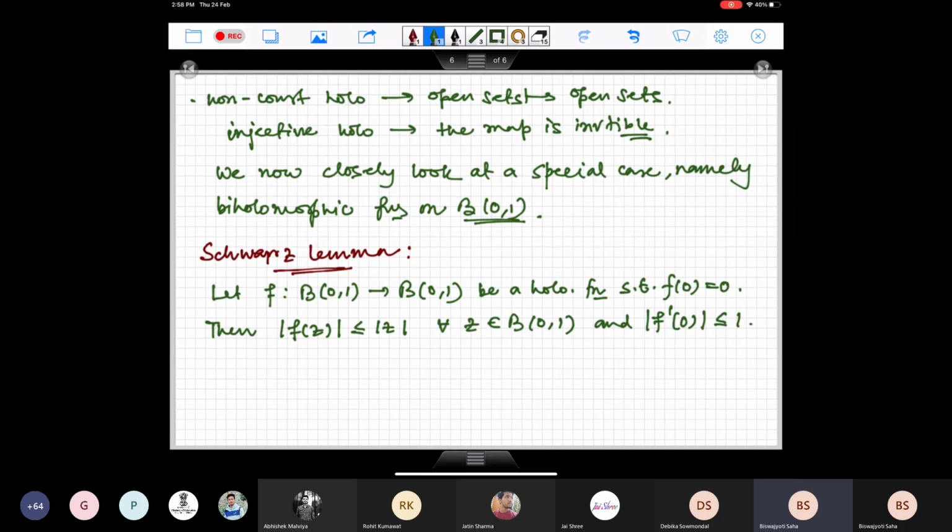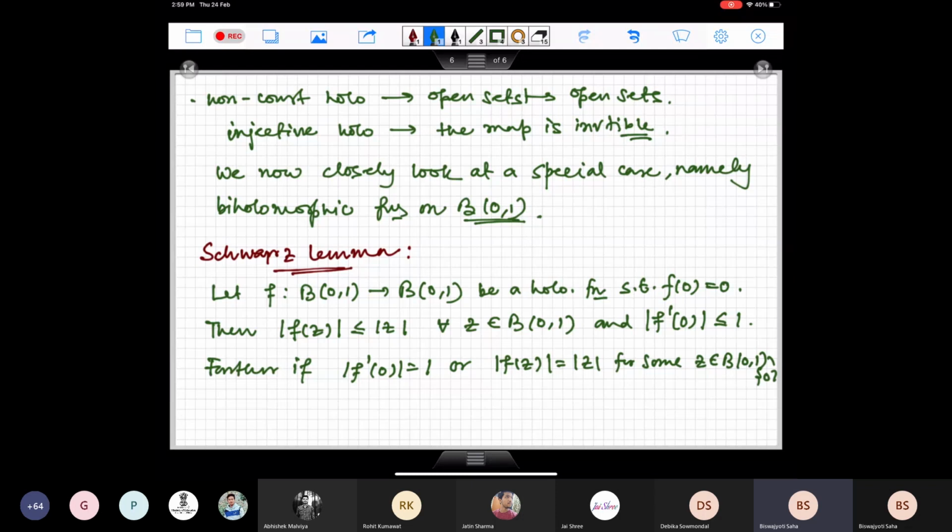I was telling you about the example to keep in mind, f of z equal to some constant times z. Under certain additional assumptions, you will be able to prove that these are the only possible functions. So what are those assumptions? Further, if either your derivative in absolute value is equal to 1, or mod of f of z is equal to mod z for some z in B01 minus 0.